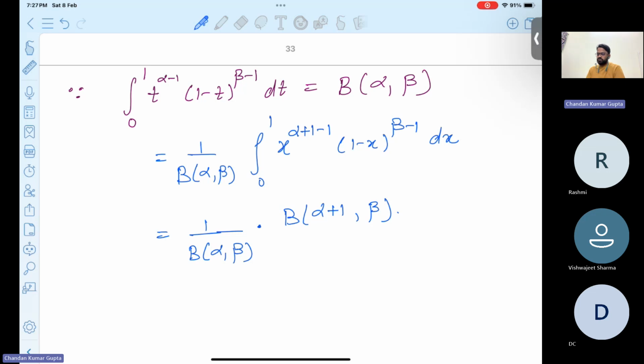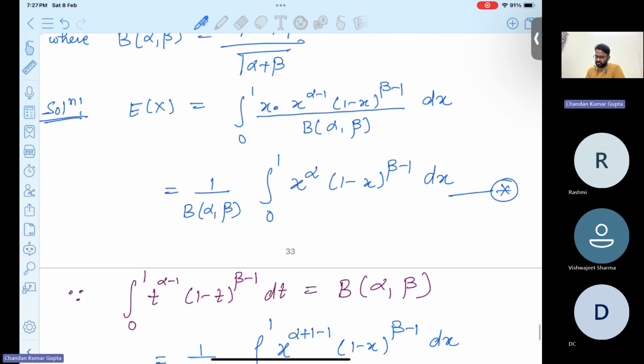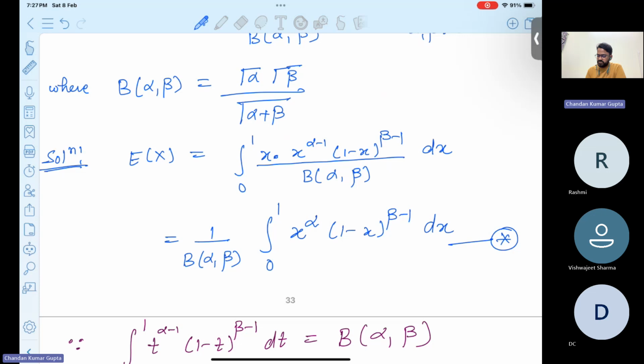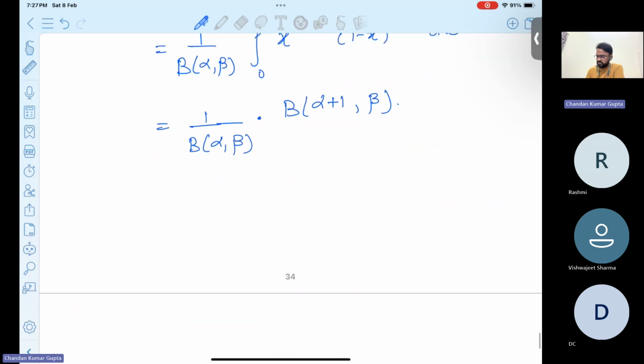Okay, now since the beta function is already defined here, suppose equation A is there: beta of alpha, beta is gamma beta upon alpha plus beta, gamma alpha plus beta.